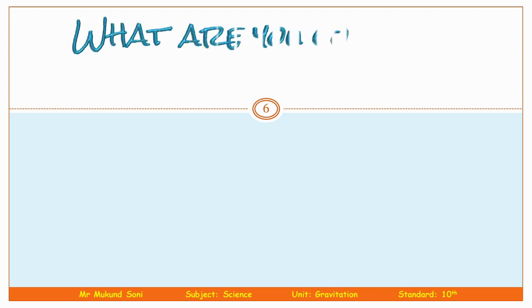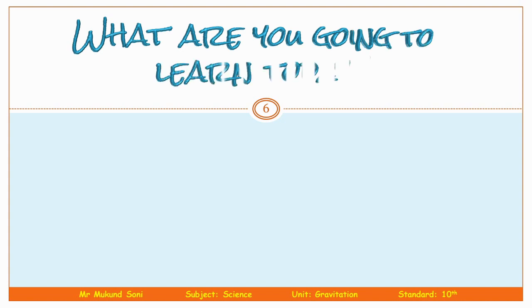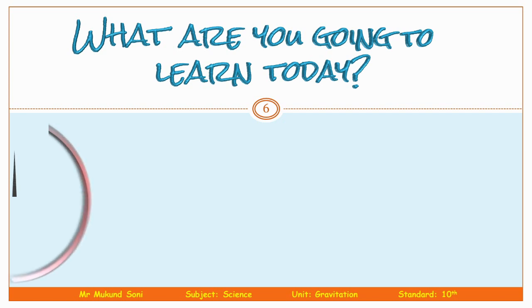Today, we are going to learn 3 different points. All are interlinked with each other. So, during the lecture, do not lose your attention. Now, let us see what those 3 points are.